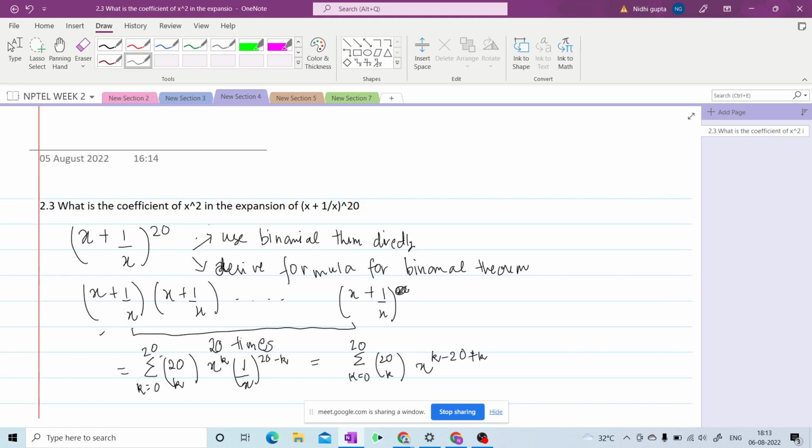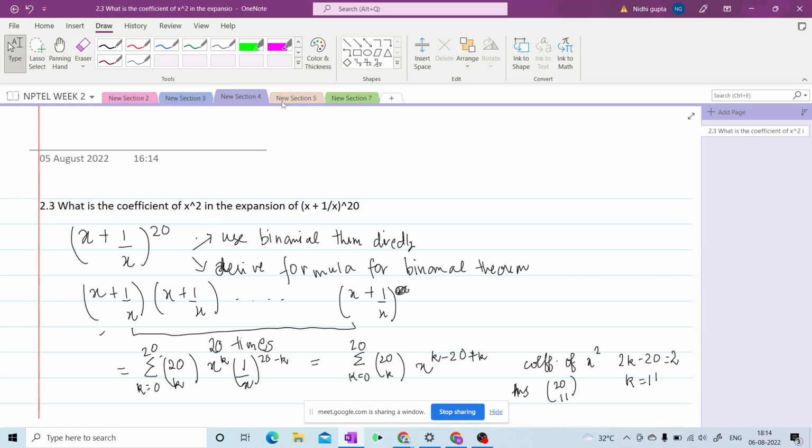To find the coefficient of x square, we equate 2k minus 20 to 2, and we see that k comes out to be 11. So our answer is just 20 choose 11.